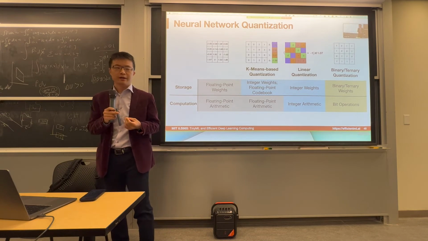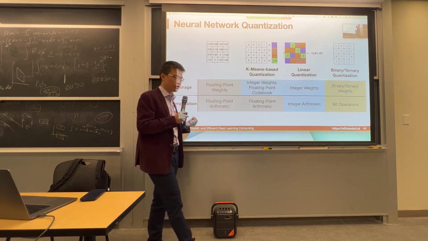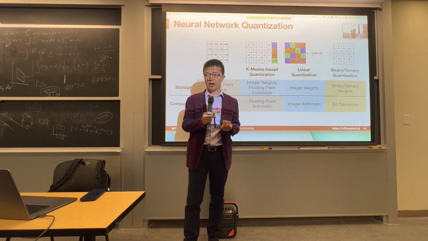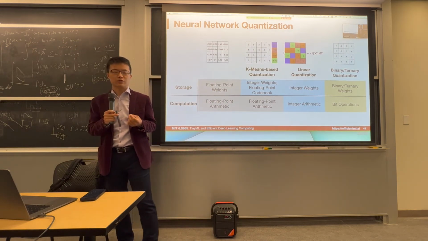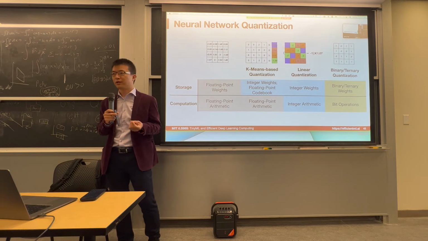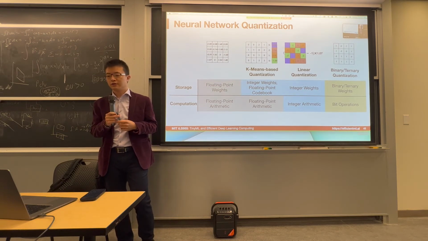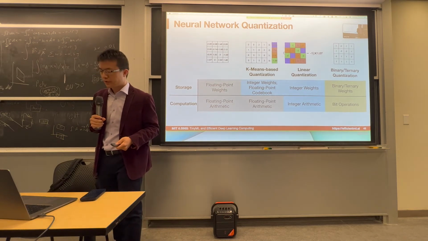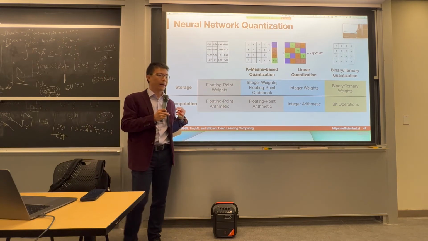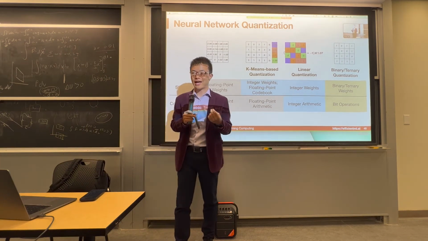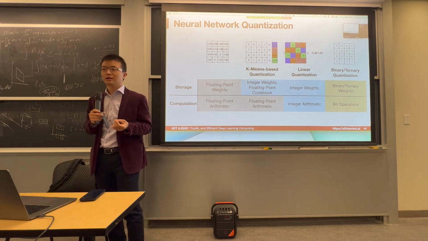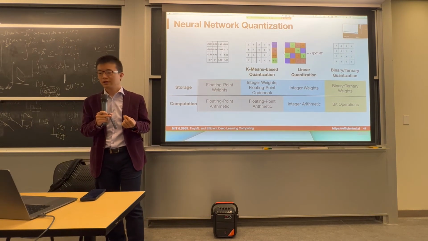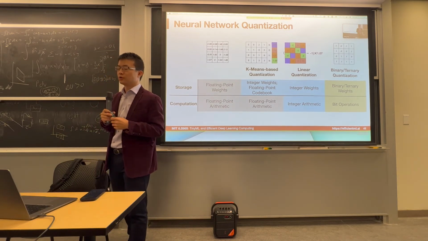But memory movement is much more expensive than computation. So it's debatable whether it is worthwhile to go with an even lower number of bits. You're reducing your memory movement by half, but reducing your computation by 4 times. Is that a worthwhile decision? That's something we need to think about.